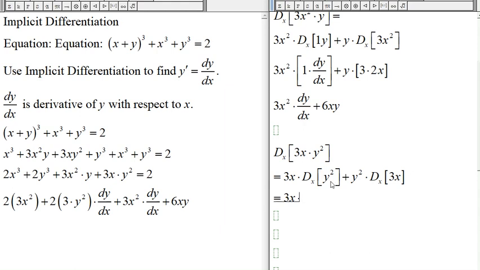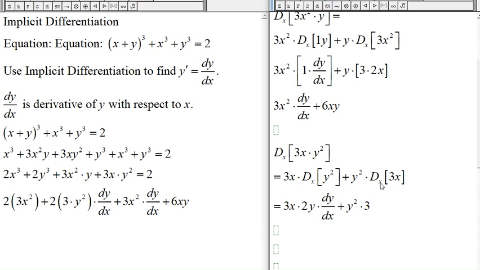And the derivative of y squared would be 2y, and then times, again, we're doing derivative with respect to x, but the variable here is y. So we have 2y and then times dy dx. And then this is y squared and then times 3.